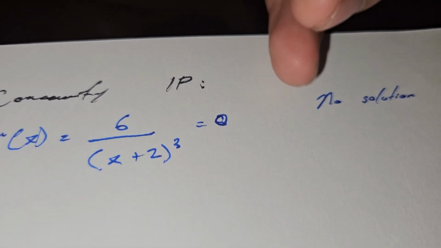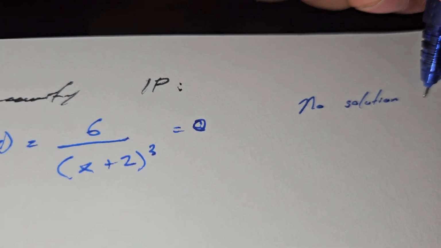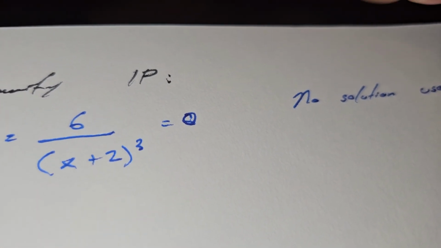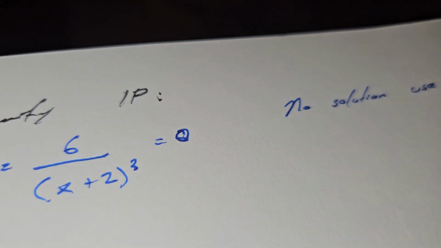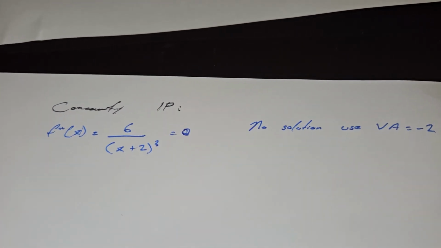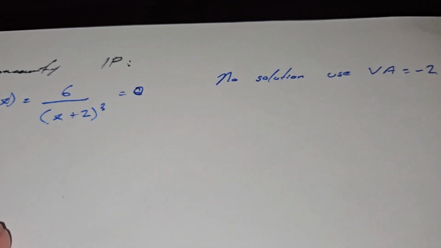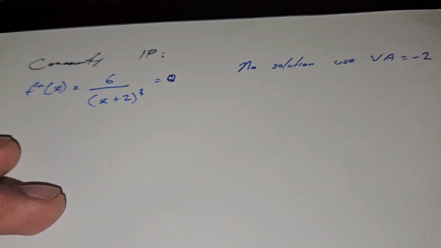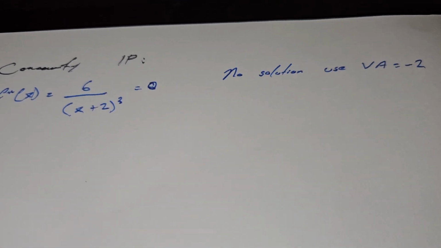That means we get to use our vertical asymptote of negative 2, because that's where the function is undefined.